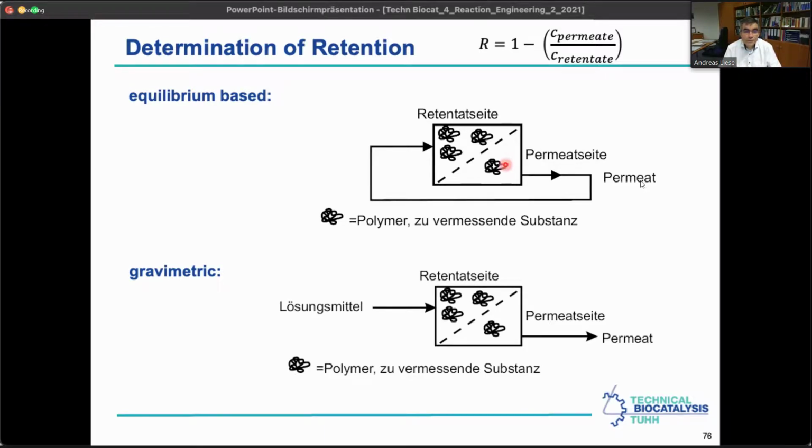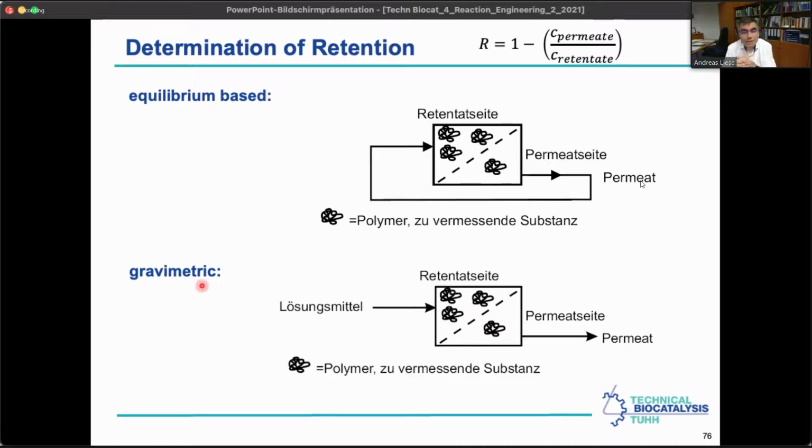A different method is the so-named gravimetric method. There, we have a continuous flow operation of this membrane filtration unit, same macromolecules, same enzymes, homogeneously solubilized, retained by the membrane.